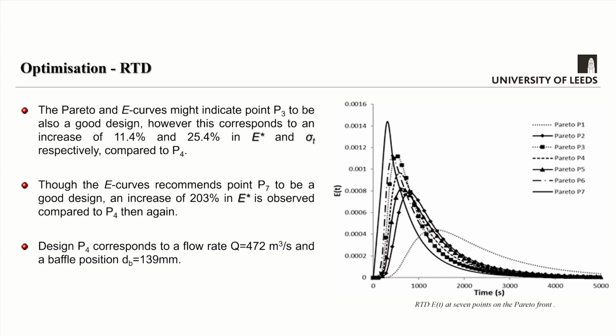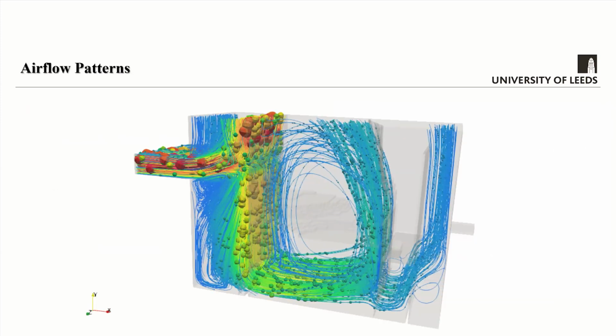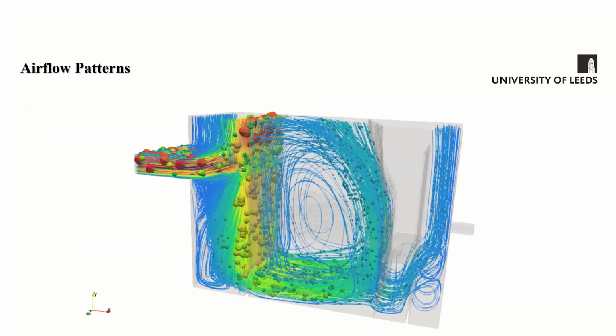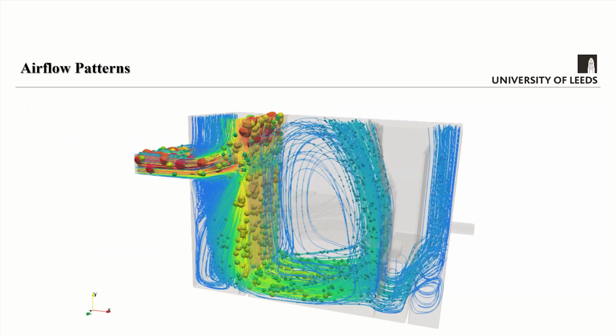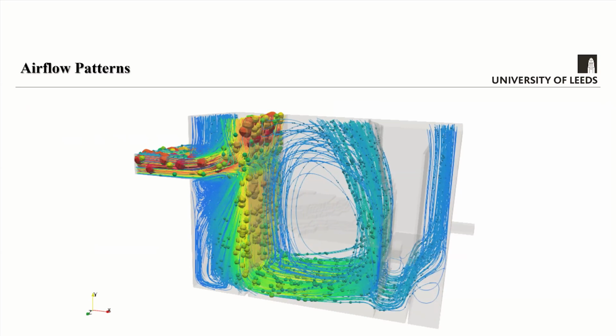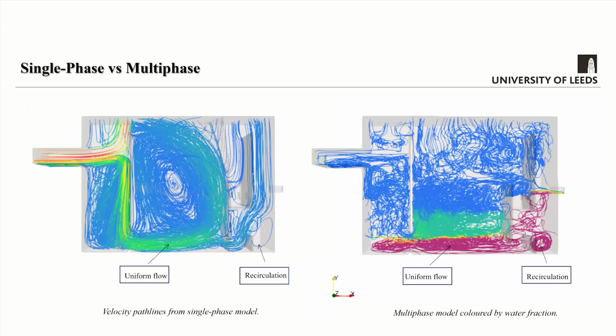So this is the flow pattern, very complex, even though this is a single phase simulation. And you might argue, okay, Zinedine, it's good, but we're dealing with multi-phase flow. And I said, hold on a sec. We did some multi-phase flow analysis, and obviously it took much longer. The idea is to look at the flow pattern. Here we've got the single phase analysis, with the path lines colored by the velocity field.